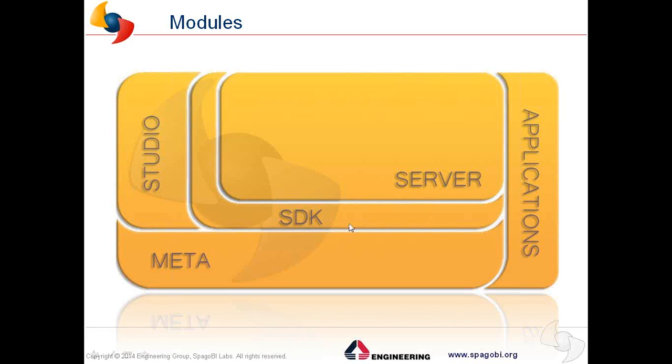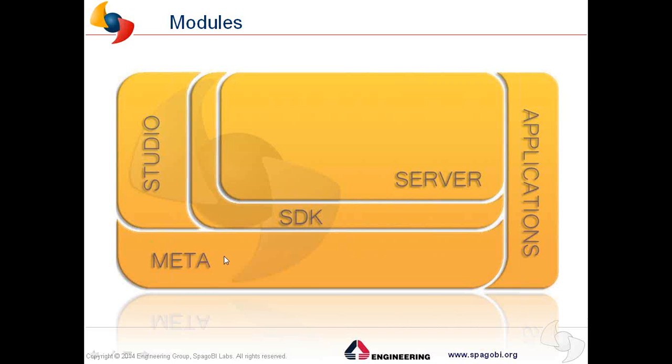Then you have the SDK, which is another module that allows external applications to get data from SpagoBI. For instance, they can offer you REST services to get reports or to get information like parameters or other information of SpagoBI. Then you have SpagoBI Studio, which is the development environment for the documents of SpagoBI.